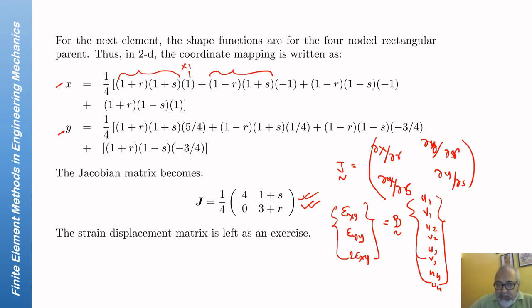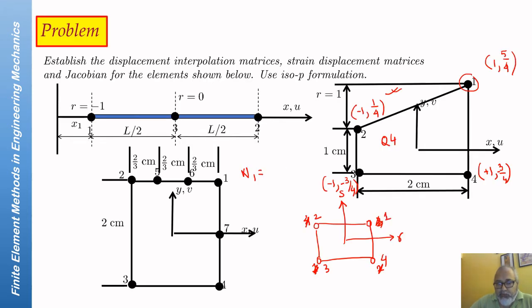Now let's go to the third one, where we will now only find the shape functions and leave the rest to you. Now, to find the shape functions, what you need to see here is you have different levels of, so this will of course be mapped from a similar parent.